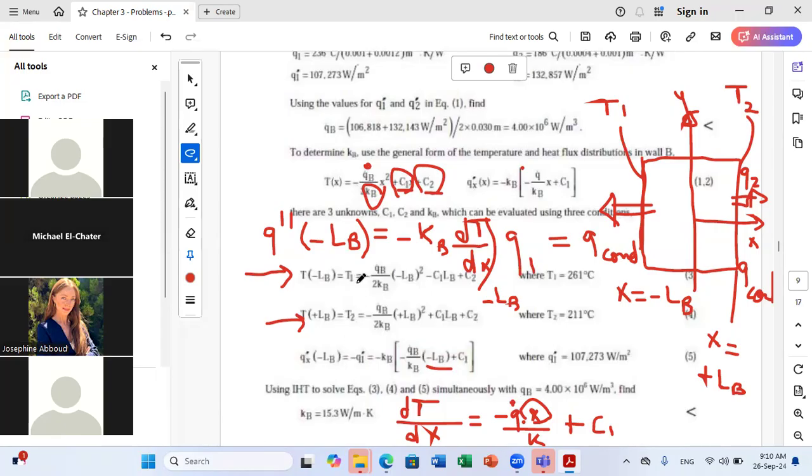But in case they didn't provide you with both T1, T2, they gave you just 1, you will have 4 unknowns. So the first equation that will close your system will be the following. You will have Q second x at plus LB equals Q second 2.